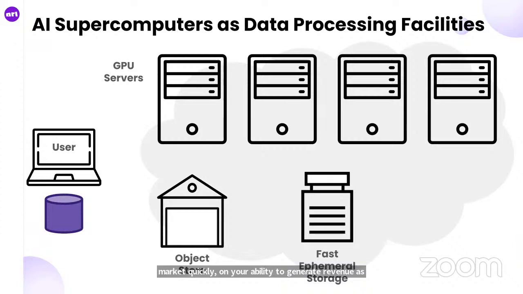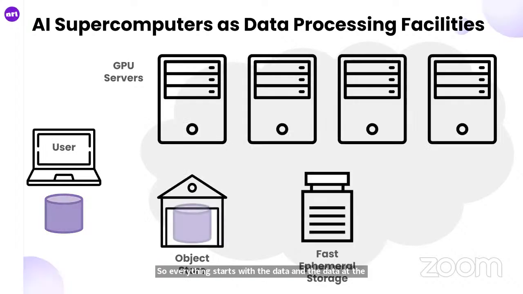So where does this performance come from? I propose in this webinar to look at GPU optimization and efficiency through the lens of supercomputers as data processing facilities. So everything starts with the data, and the data at the beginning of the journey sits somewhere with the users.